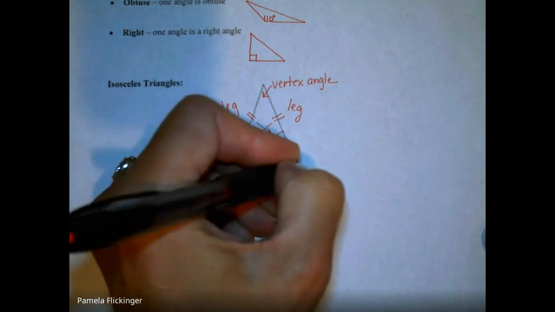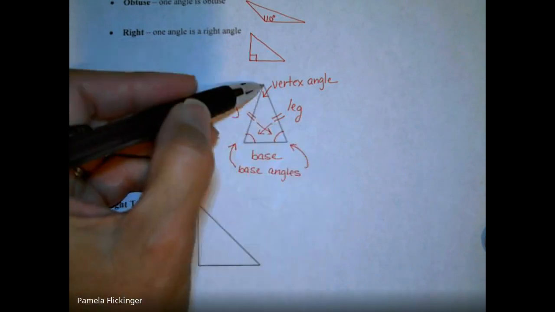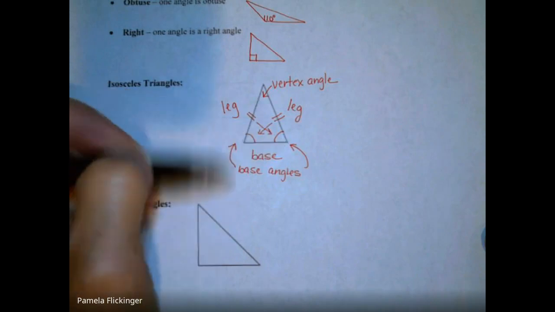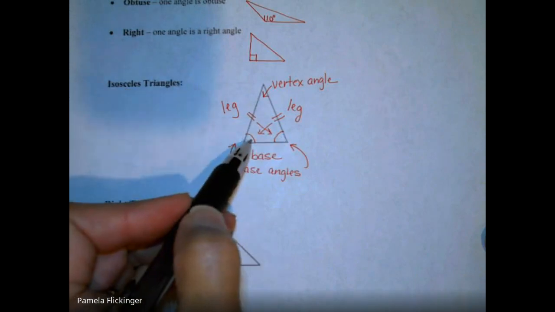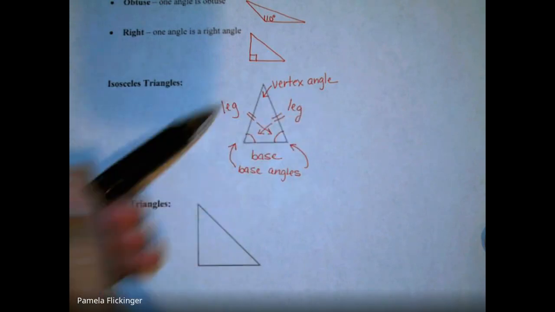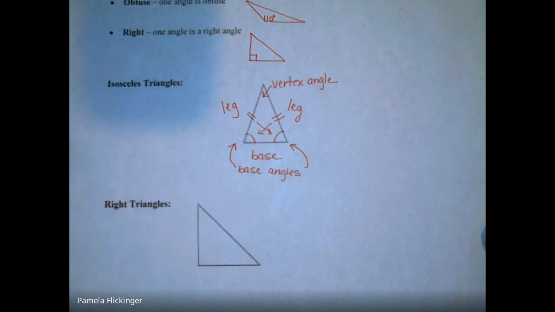And notice the way that I marked them, because if you have two congruent sides in a triangle, you will always have two congruent angles. So I did mark these with the same arc to show they will be congruent. We will spend tomorrow talking more specifically about isosceles and equilateral triangles.